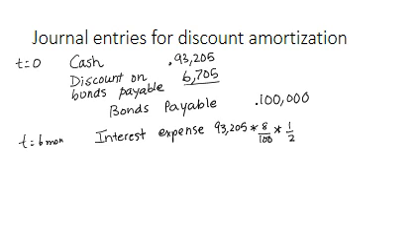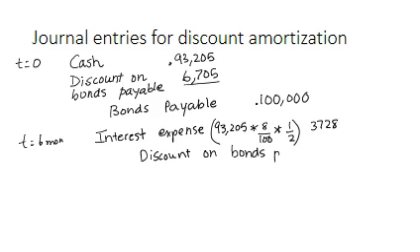So this we calculated to be 3728 in the last slide, and I'm showing that calculation once again here. The company debits interest expense, and then the company amortizes discount on bonds payable. By company, I mean the borrower. It might be a government or a company.